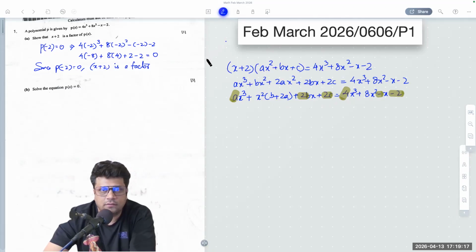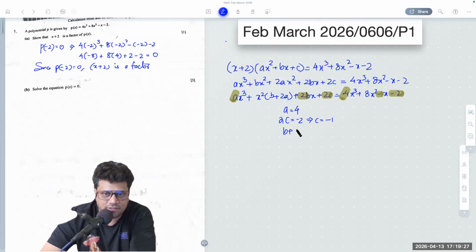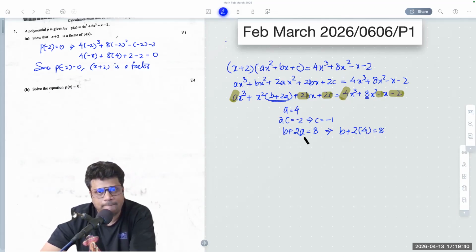Okay. So a is 4, 2c is minus 2, which means c is minus 1. And b plus 2a, this thing here, should be equal to 8. So b plus 2 times 4 should be equal to 8, which means b is 0.